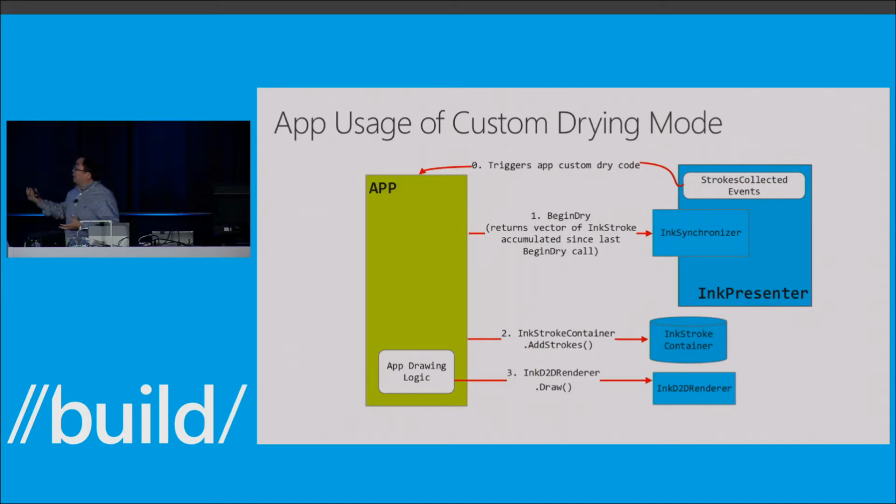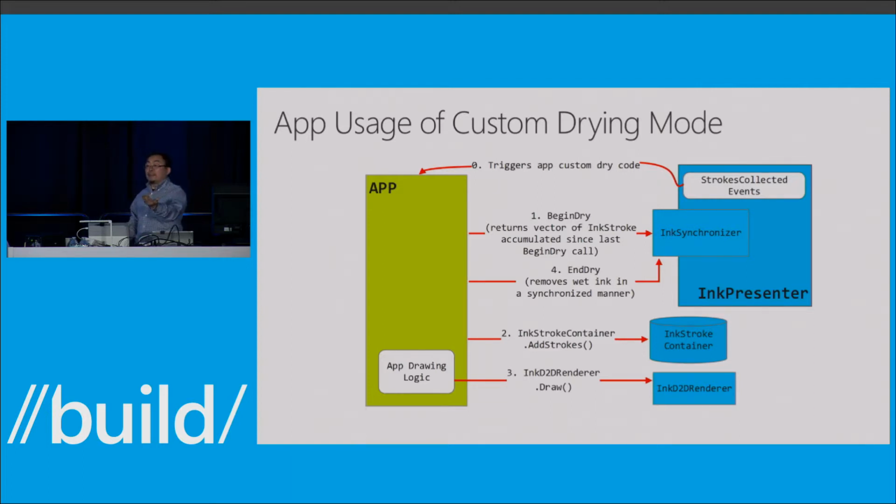Then you need to update the app drawing logic to call the ink D2D renderer to draw the ink strokes you just collected. Finally, you call end dry to let the platform know you just rendered the dry ink. The platform will do the magic to remove the wet ink synchronously. Again, when we do that, there's no glitch, and from the end user's point of view, they won't notice the difference between wet and dry.